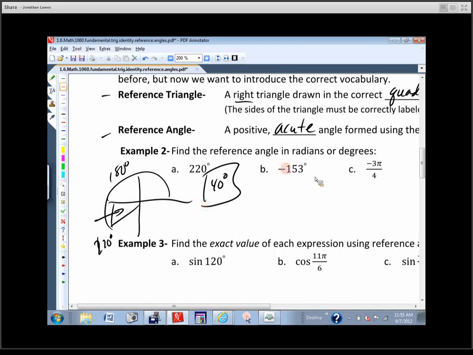Okay, so this is negative 153. Negative 153, we want to find our reference angle. So there's negative 90. Negative 180 would be all the way over here, so we have to stop a little bit short. This is 153 degrees in the negative direction. I want to know, what is this little angle right here? What's that little sliver right there?